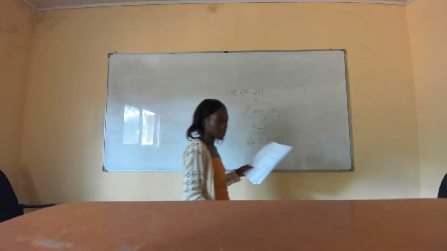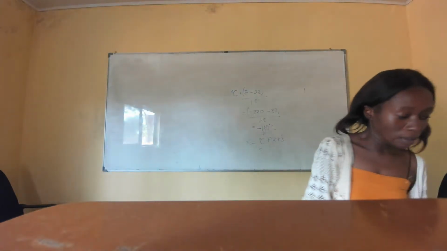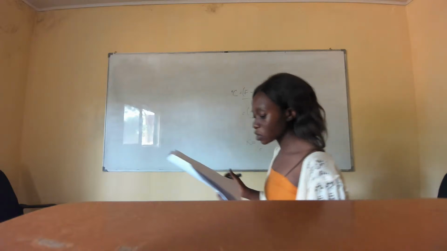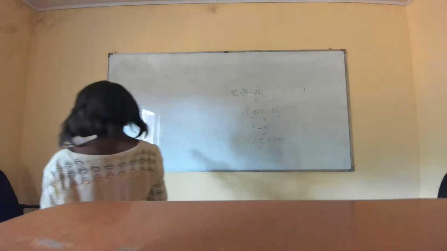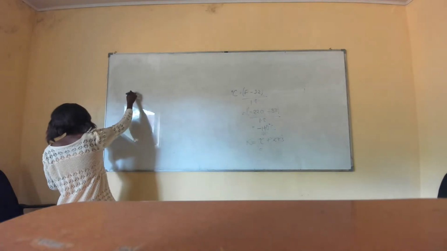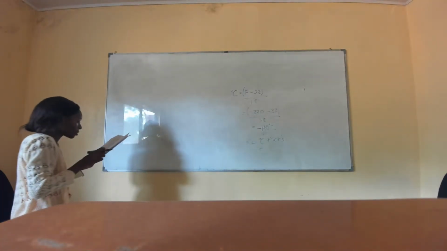So for question 2b, we're supposed to start by writing the formula for percentage abundance, to calculate the atomic mass of copper.